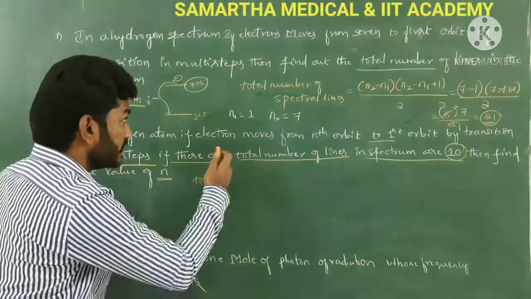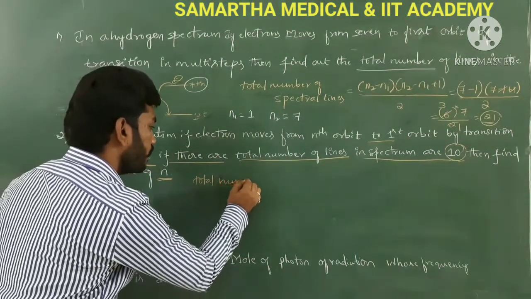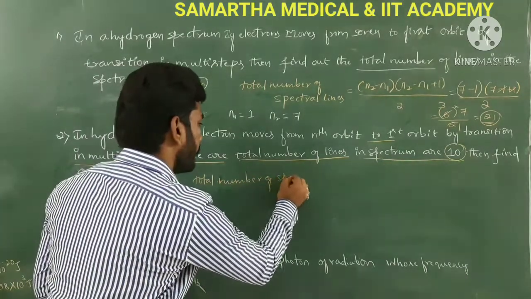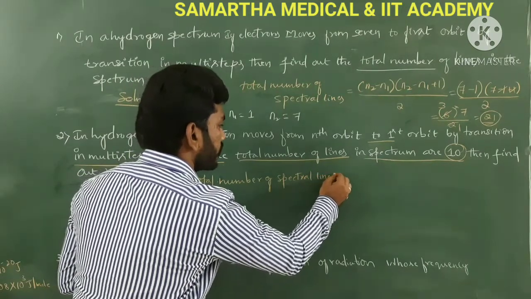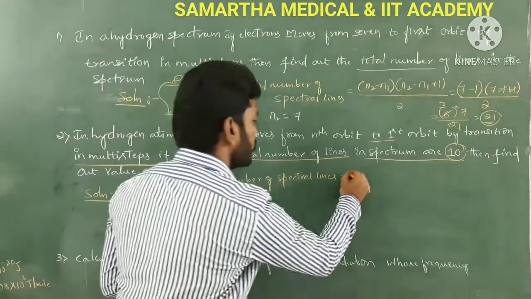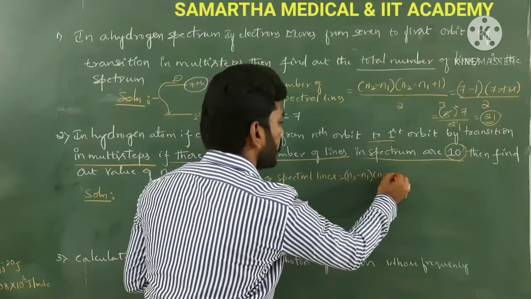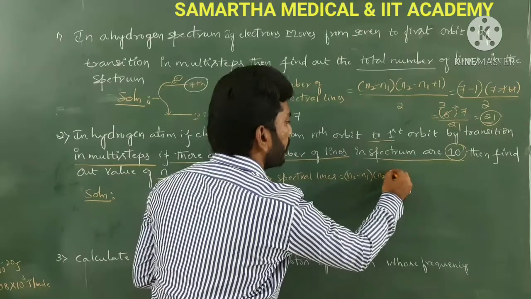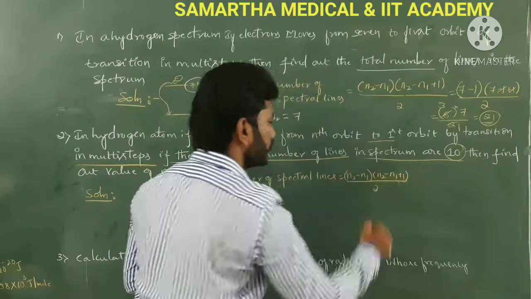Let's write down the total number of spectral lines, which equals (n2 minus n1) into (n2 minus n1 plus 1) divided by 2.